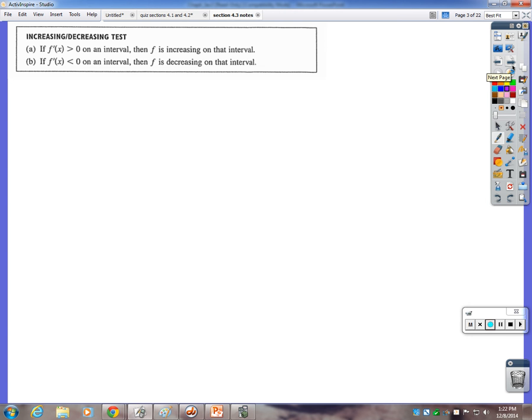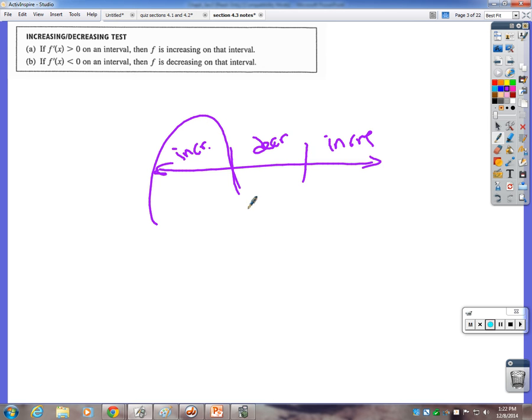And then we combine those to figure out when the derivative equals 0, if that is a maximum or a minimum, because if the graph is increasing and then decreasing, then this has to be a maximum. It went up and then back down. And if it goes from decreasing to increasing, then this has to be a minimum, right?